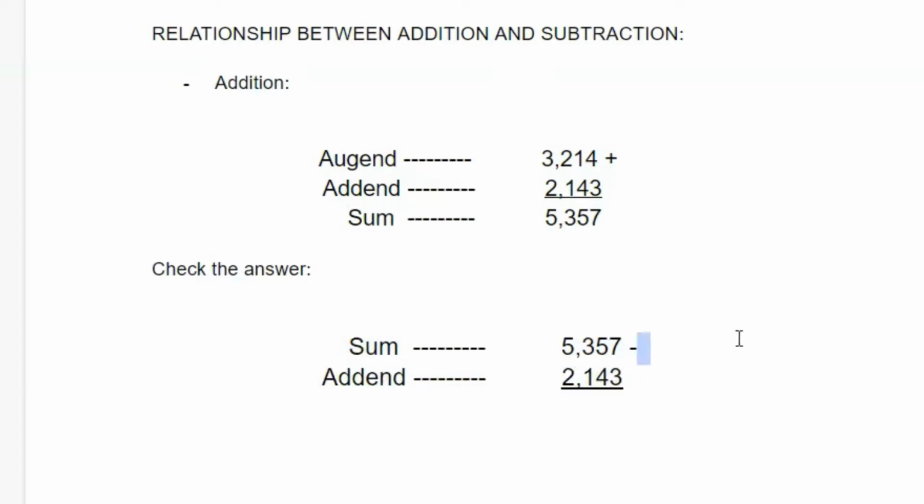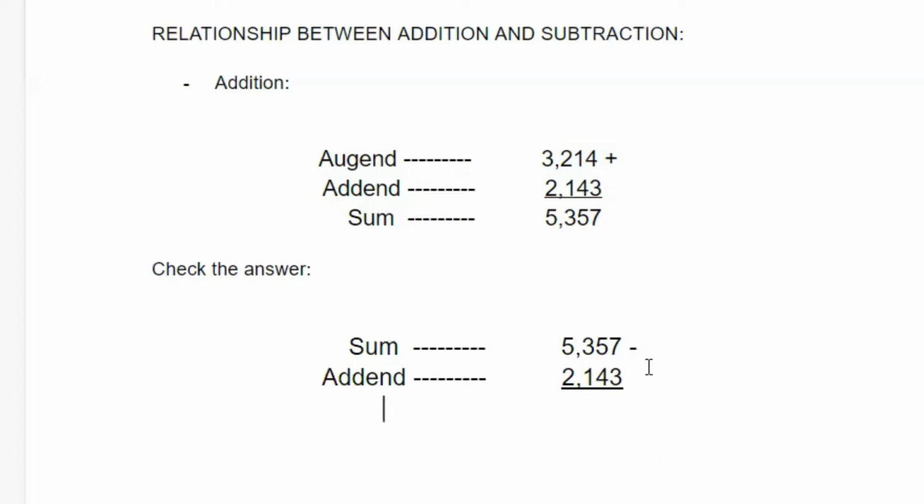As you see here, we got the sum and we use it as the minuend in the first place of the subtraction. And then we are subtracting the addend, which is still in the second place. In the second line, we are writing this operation.